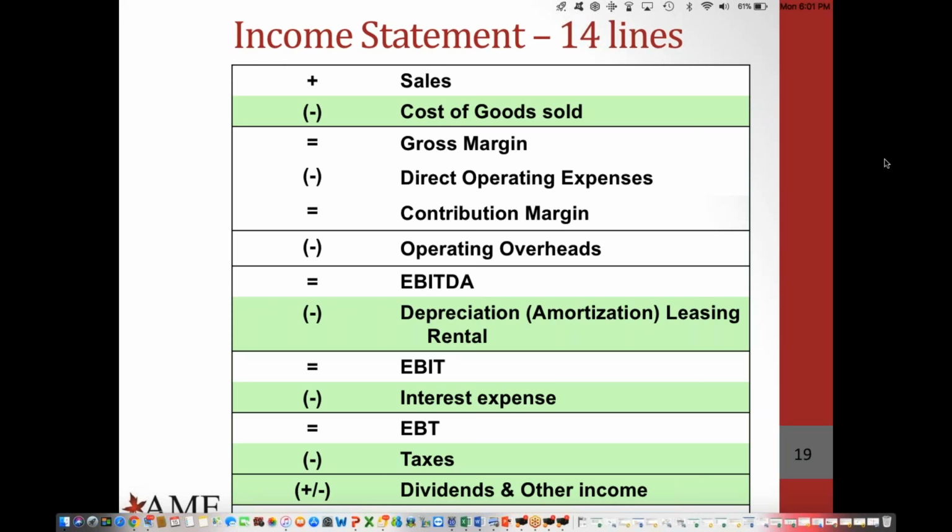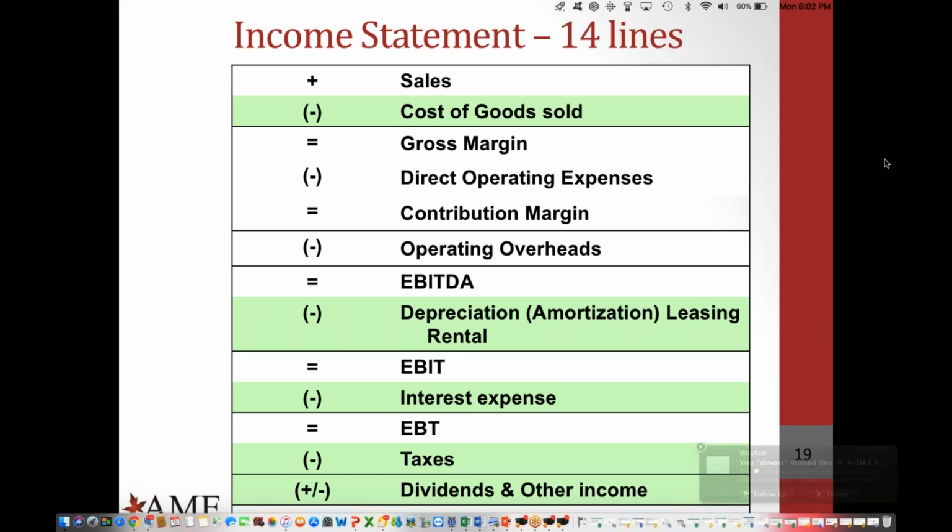So this is definitely an operating category. We subtract that off gross margin, and that gives us contribution margin. Then my operating overheads would be management salaries, office salaries, keeping the lights on in the office if you have one, insurance other than crop insurance, lawyers and accountants, courses like this if you paid for it, things that are not directly related to production but are annual operating expenses.